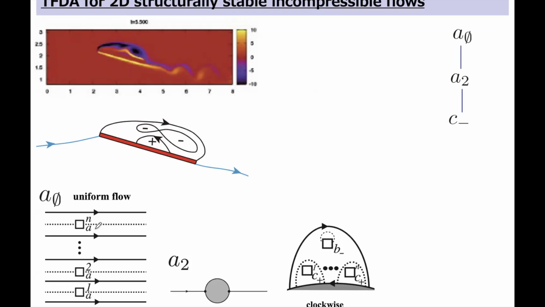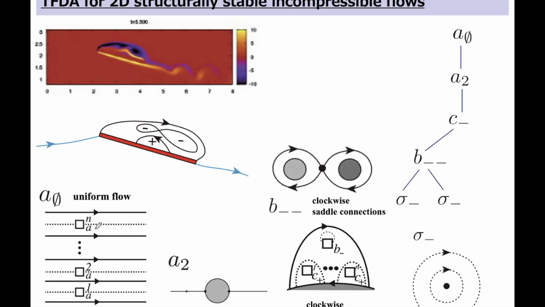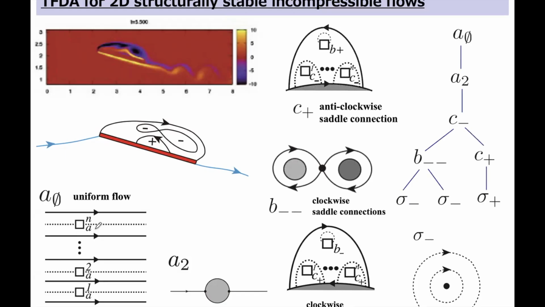Then we are going to read the inner structure enclosed by this clockwise saddle connection. Then we have one B minus minus here, then another C plus here. So C minus has B minus minus and C plus structure as internal structure. Then we create the edges.